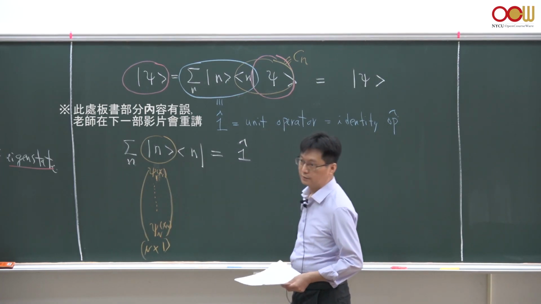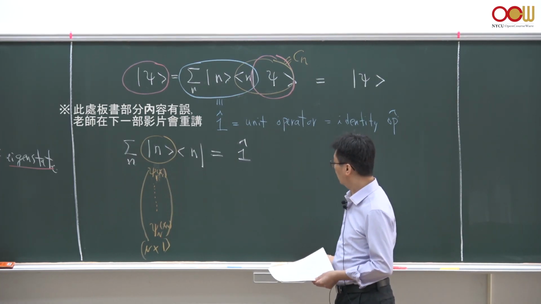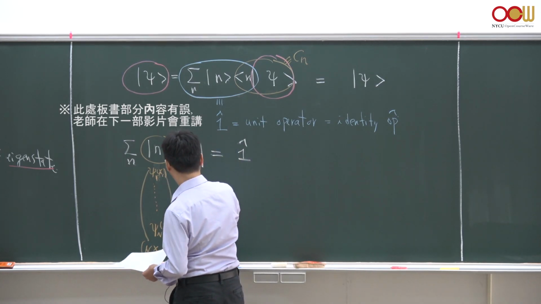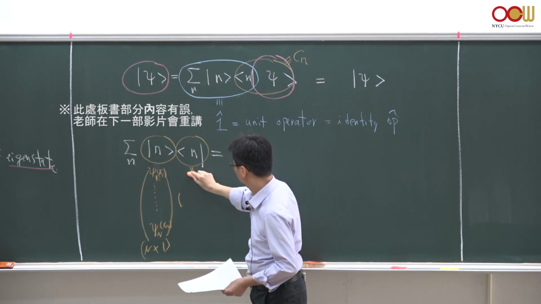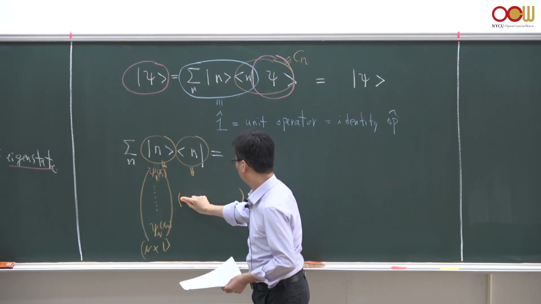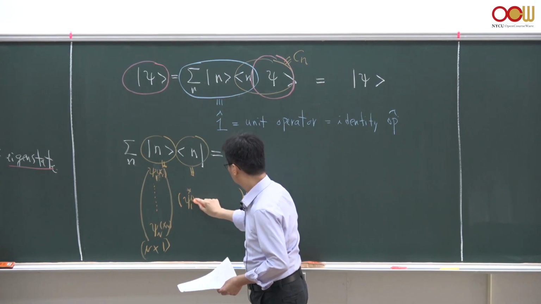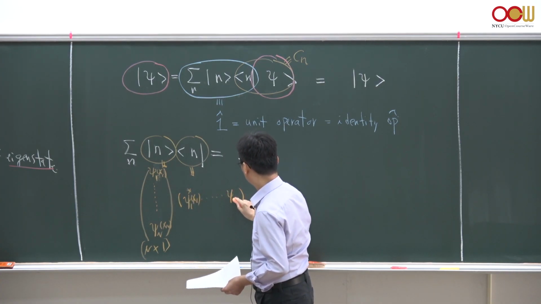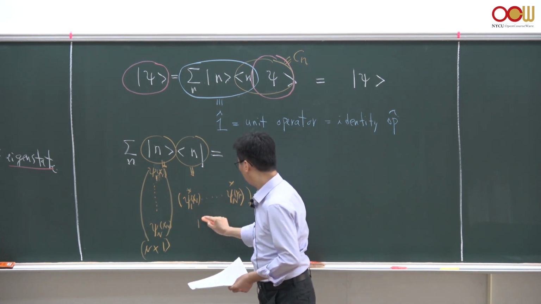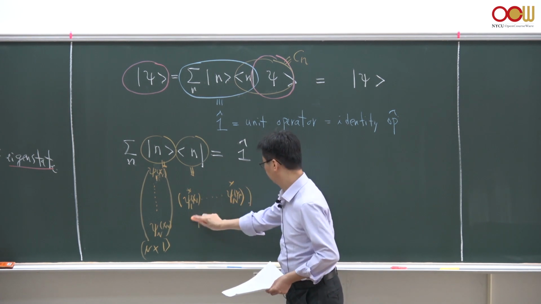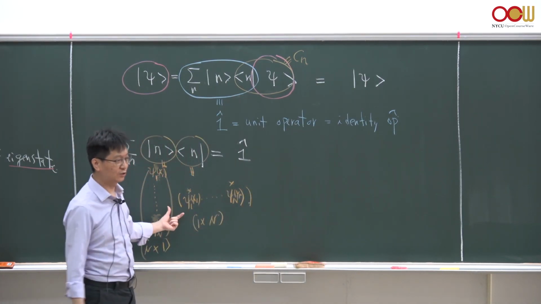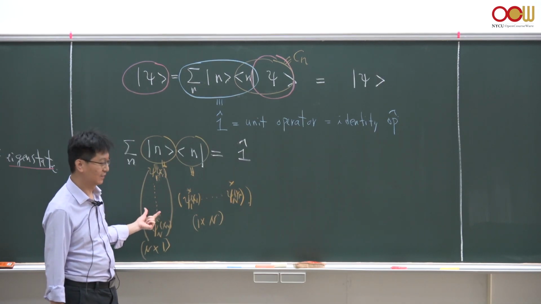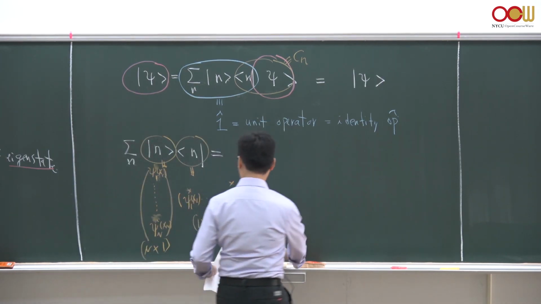So what about the Dirac bra state? Again, this is the Dirac bra state, which is given by psi 1 star at x1 up to psi n star at xn, which is a 1 by n row matrix, right? From your high school knowledge in mathematics, you know how to make this matrix product.